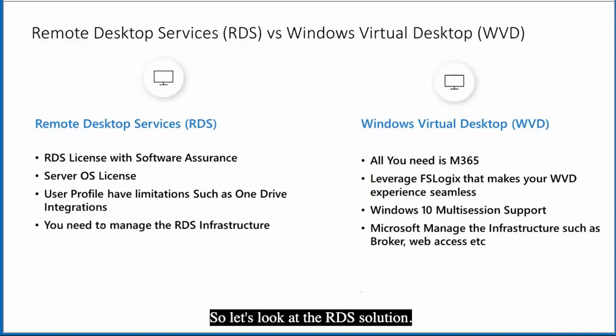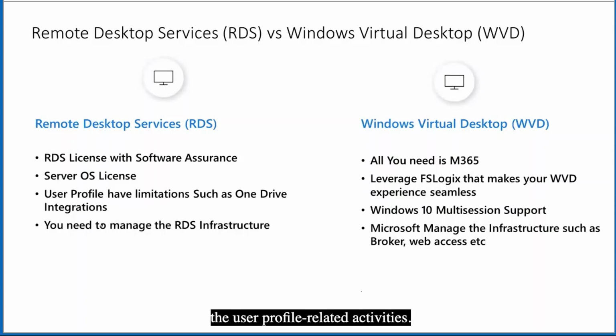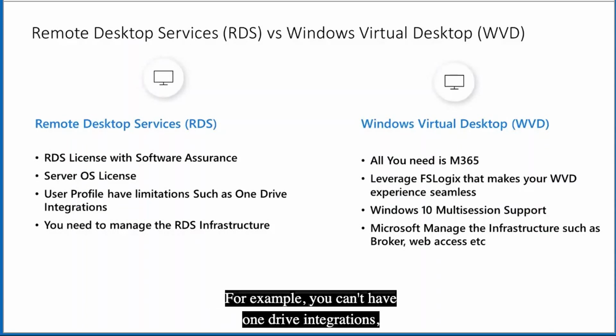So let's look at the RDS solution. To have an RDS solution, you should have an RDS license with Software Assurance, and you should also have server operating system licenses. There are also a lot of limitations in terms of user profile related activities. For example, you can't have OneDrive integration, and it doesn't work with several user profile related applications.